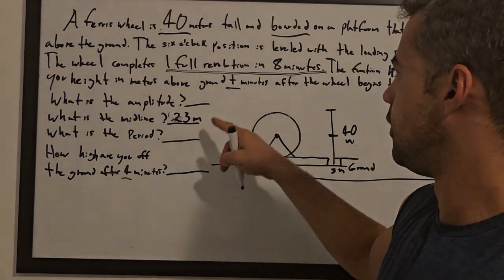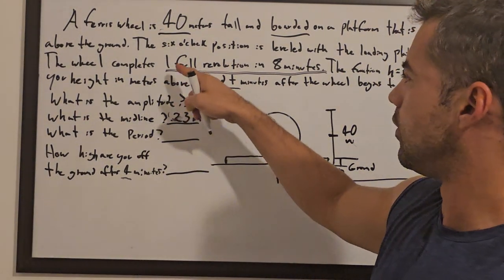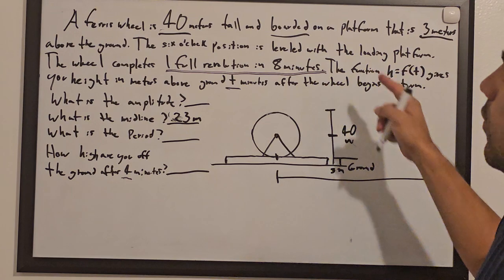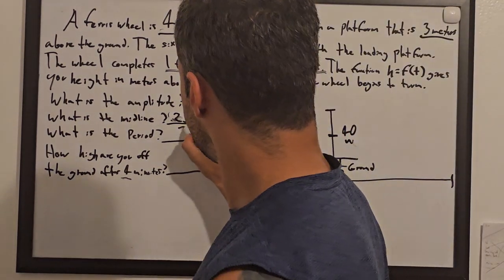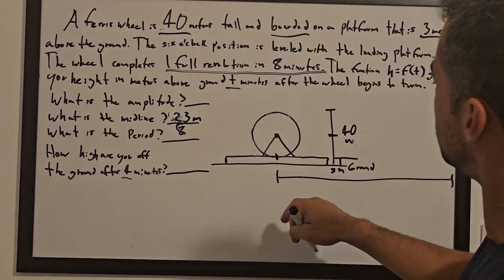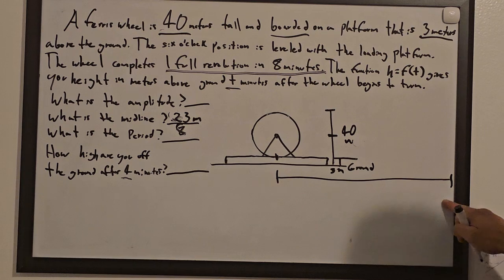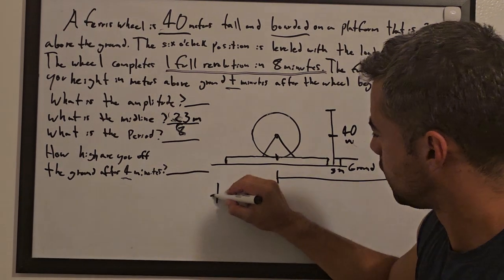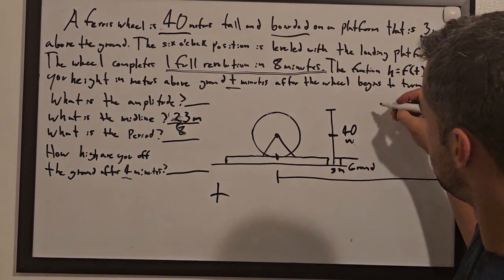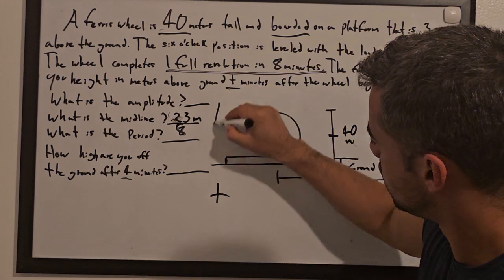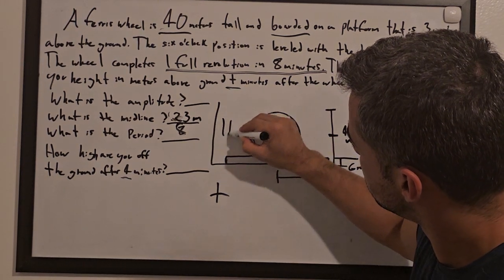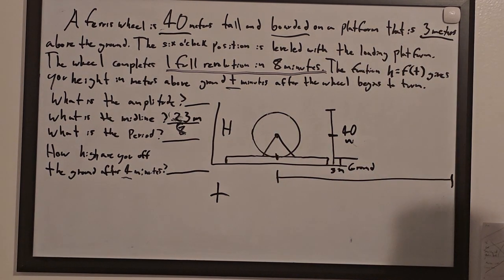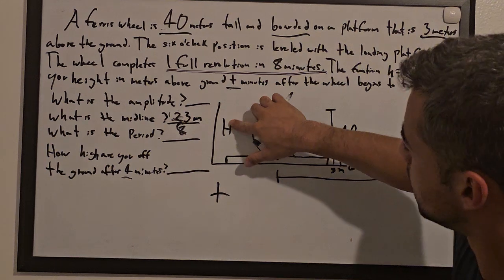The period, the time in which the wheel completes 1 full revolution, is 8 minutes. So here we have t on this axis. Here we have height on this axis. Just make it lowercase.